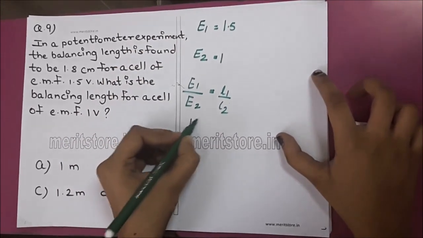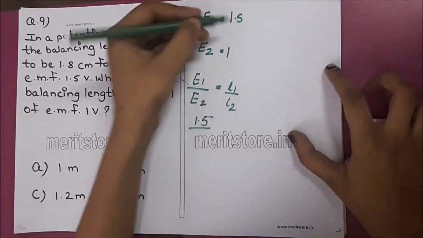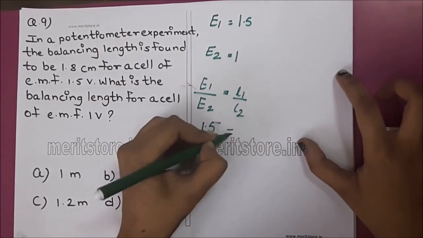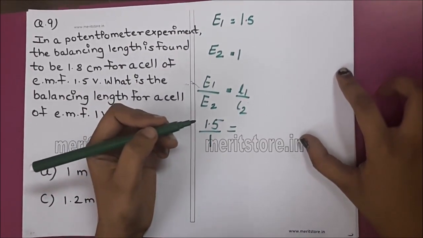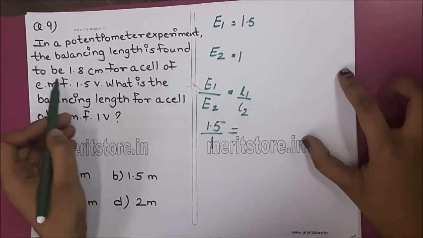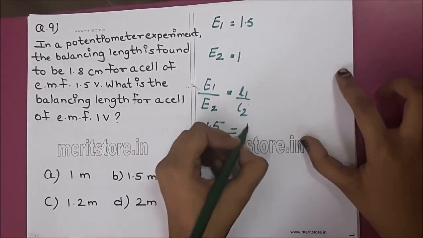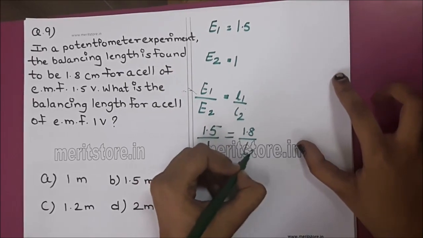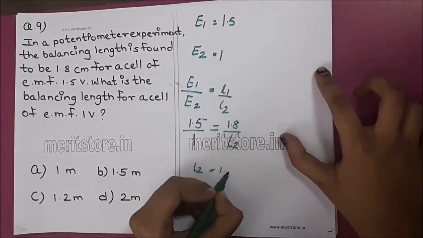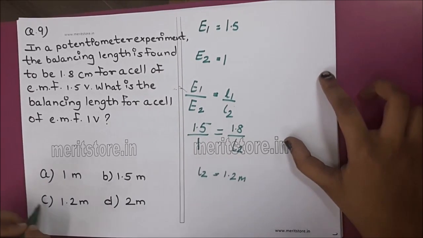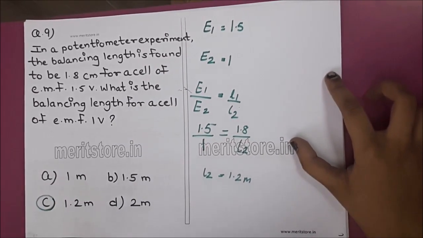E1 is 1.5, E2 is 1, that is equal to L1 by L2. Now over here we have L1 as 1.8, as they have given us the balancing length is 1.8, therefore 1.8 by L2. When you solve this, you get the value of L2 as 1.2 meters. Option C is the correct option.